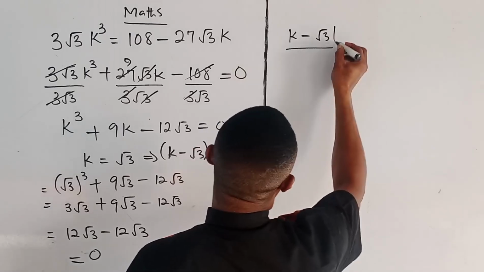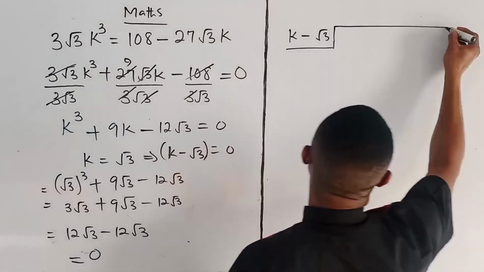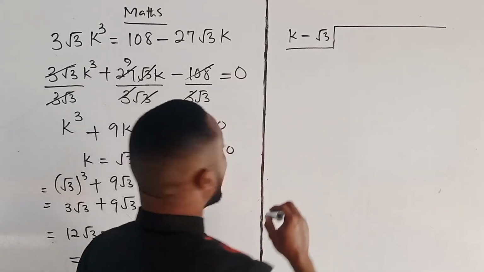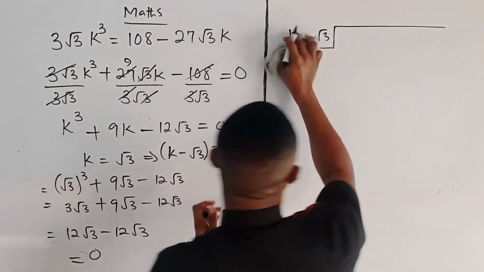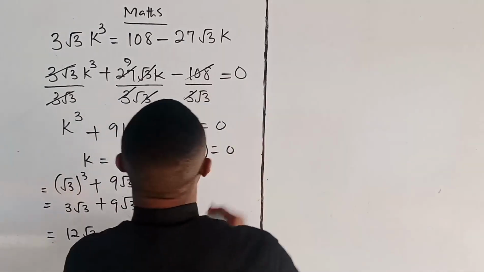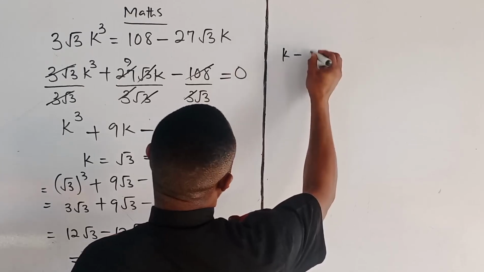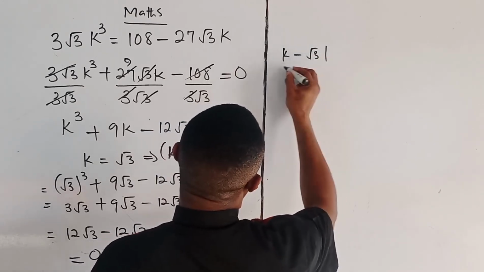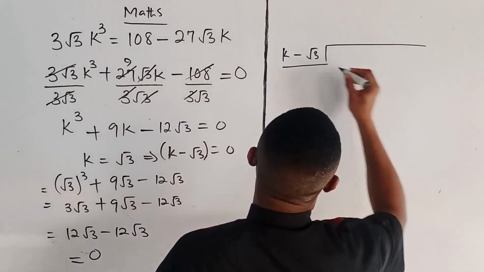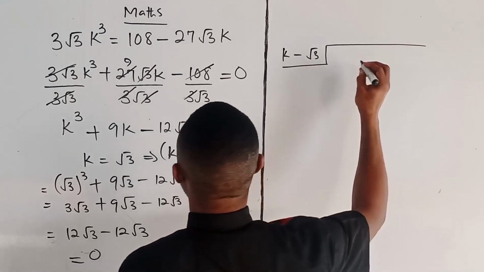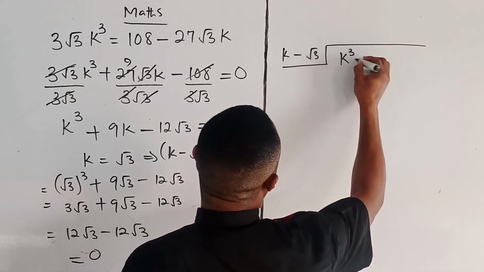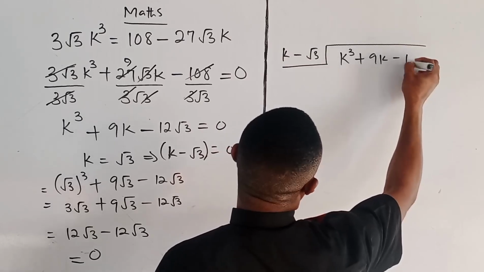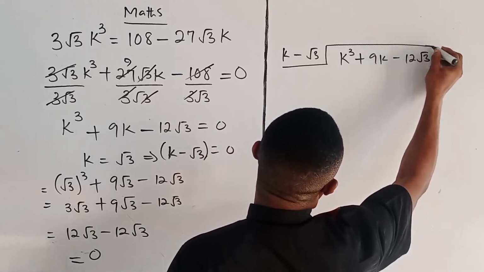I will draw the long division sign. Let me bring this down a bit. So we have k minus rad 3, then we have k cubed plus 9k minus 12 rad 3.